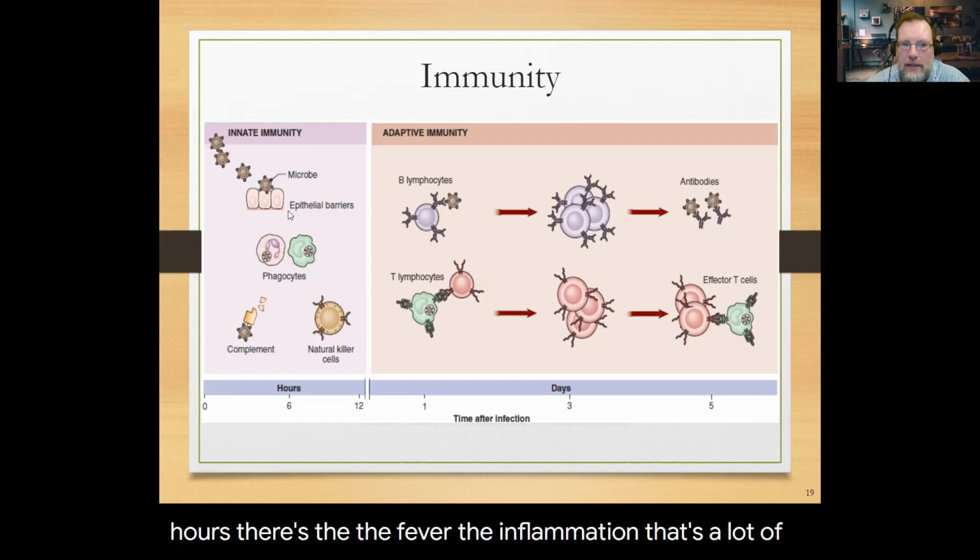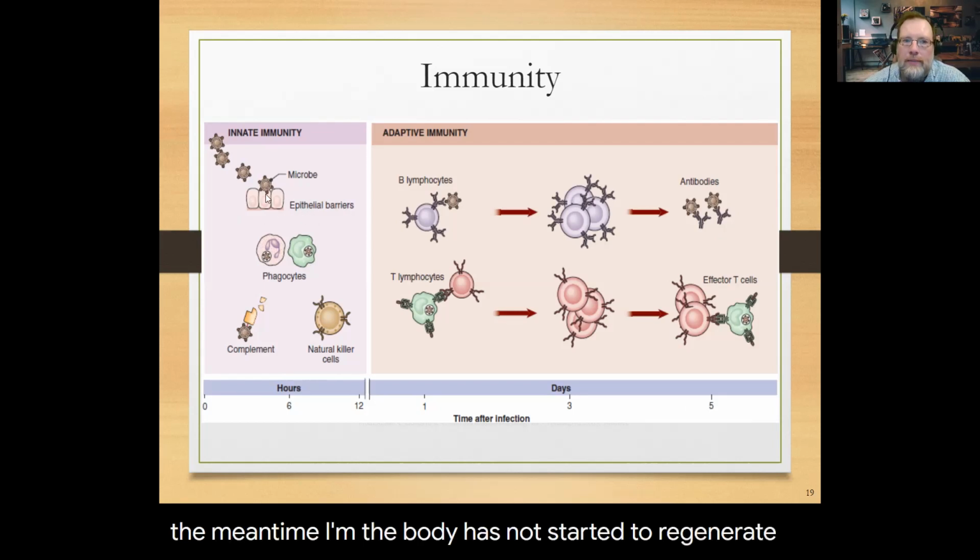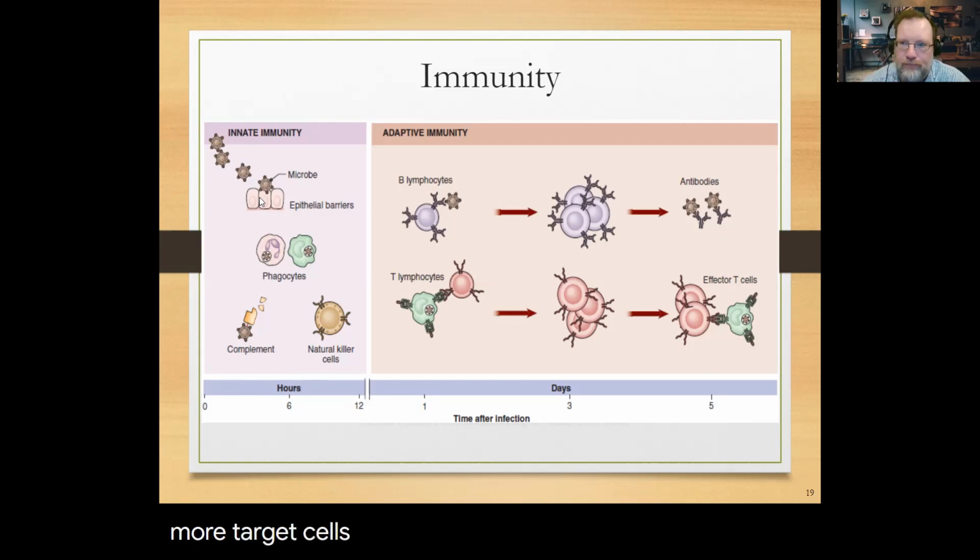That's a lot of second line of defense activity going on. We're kind of waiting for the adaptive immunity features in the third line to kick in. And again, that takes a little time. In the meantime, the body has not started to regenerate more target cells. So the flu virus is still in there, but it doesn't have the targets.